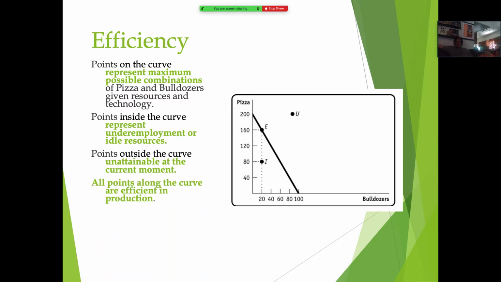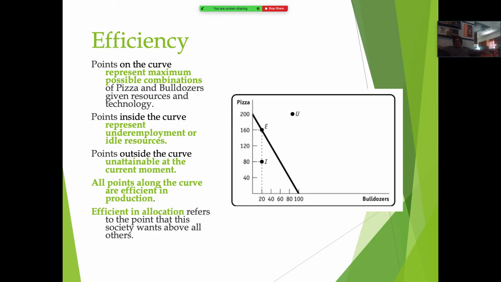So again, all points along the curve are efficient. And then we talk about allocatively efficient. Now let's just pretend that this was an economy made up of college students. Would it be allocatively efficient if they put all their resources to making bulldozers? No, that wouldn't be smart.